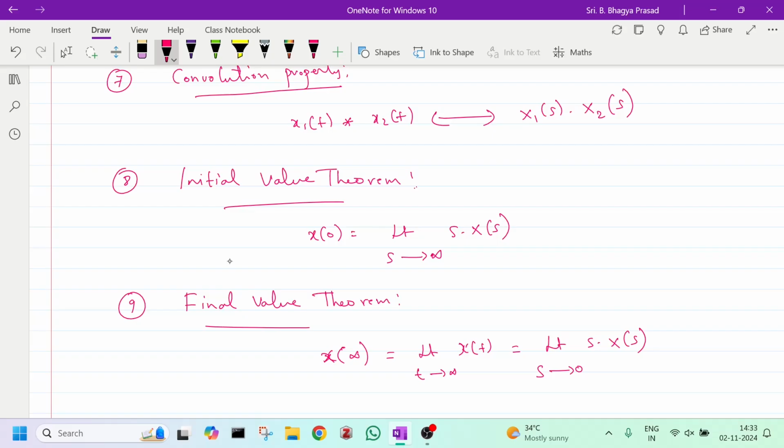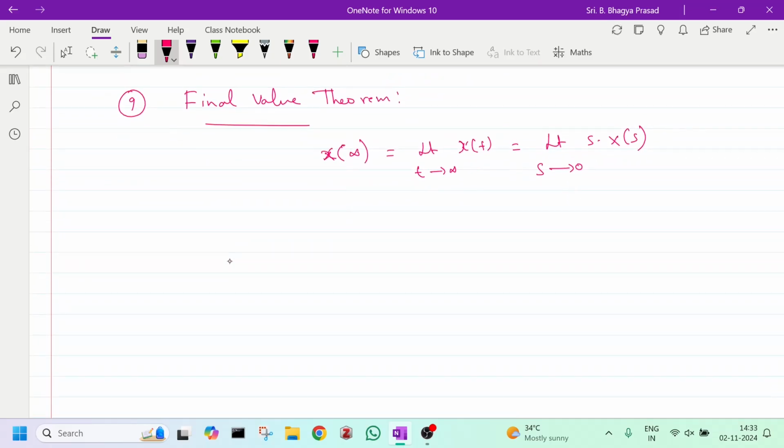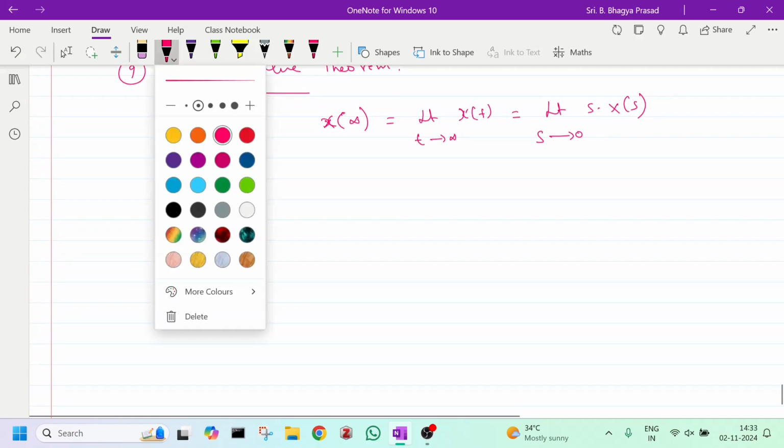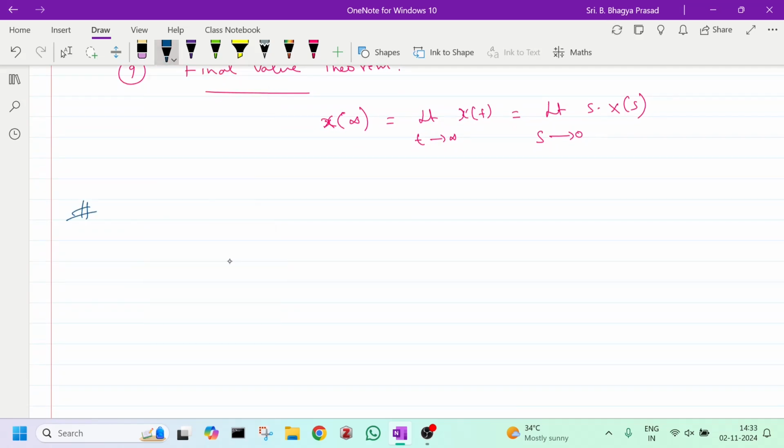Right. Let us see how to solve a few problems using these properties. Let x of t be cos omega naught t u of t. You can solve it using the traditional formula, x of s equals the integral of x of t e power minus st dt from minus infinity to infinity.